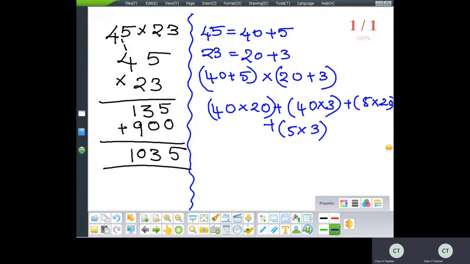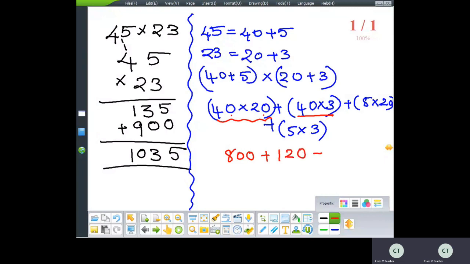So now let us do each one separately. 40 into 20. 4 twos are 8. How many zeros are there? As I said, whenever you have zeros at the last after multiplication, add the number of zeros beside the answer. So here 2 zeros, it is 800 plus 40 into 3. 4 threes are 12, and 1 zero here.